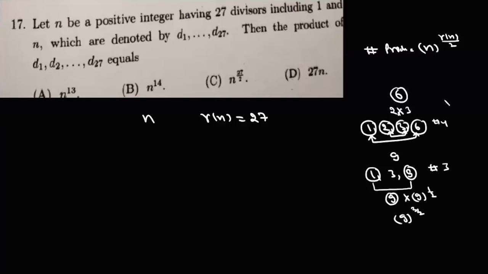Now it's a very standard theory, and the theory is that the product of all the divisors is n to the power number of divisors divided by 2. Whether it is even or odd, this product will be n to the power number of divisors divided by 2. So in this case, this product will be n to the power 27 by 2, and that's your option C.